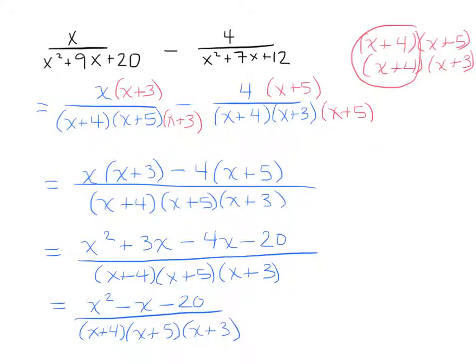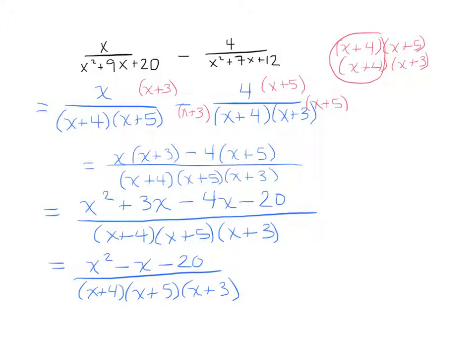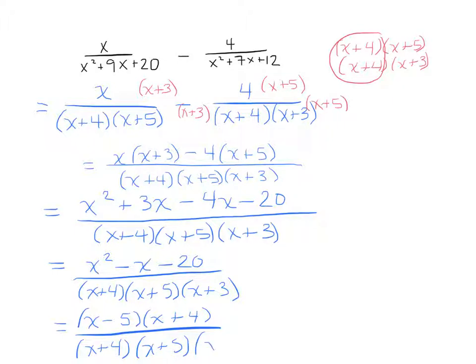I think, yeah, we could factor that numerator as well, right? That numerator should factor to x minus 5 and x plus 4. Oftentimes you won't be able to factor the numerator, or if you do, nothing will cancel out.